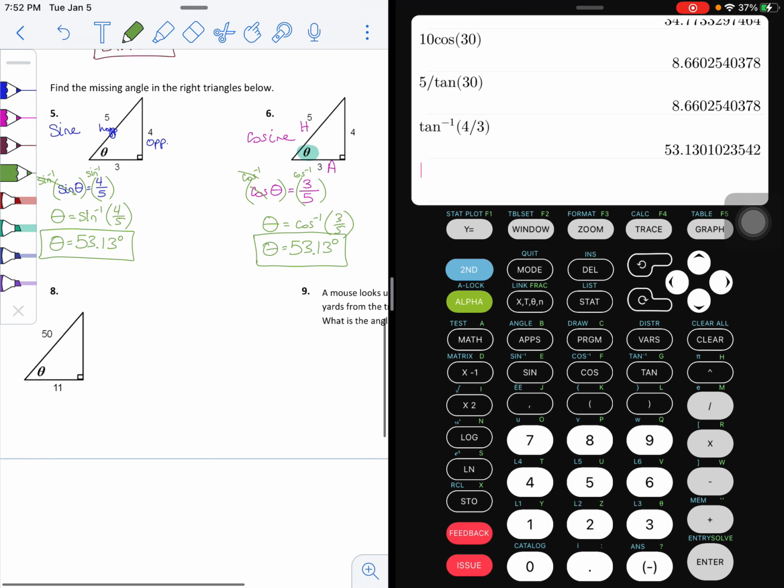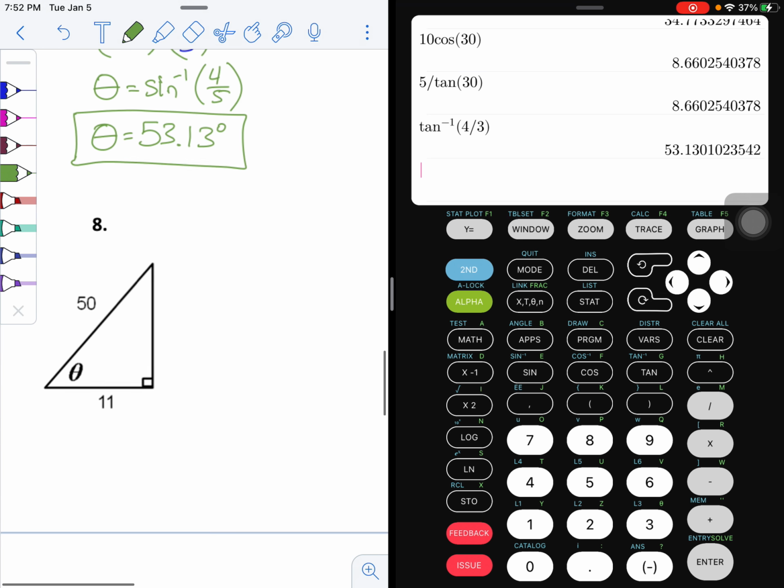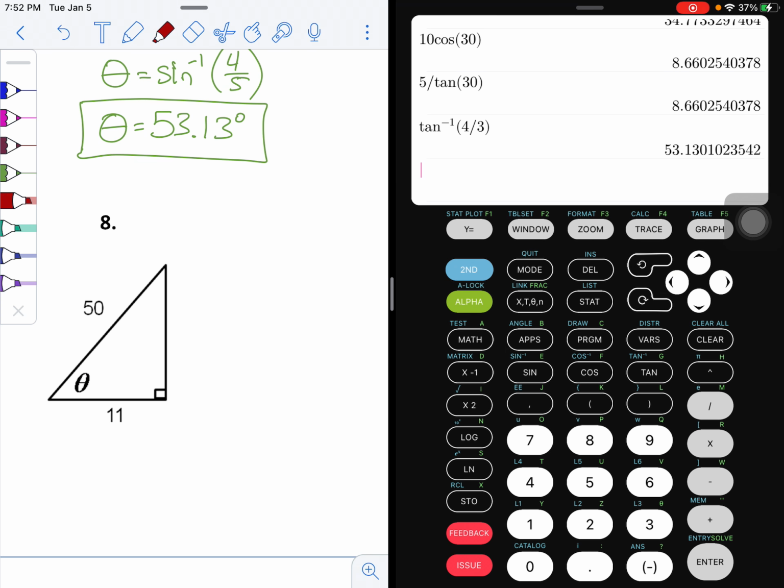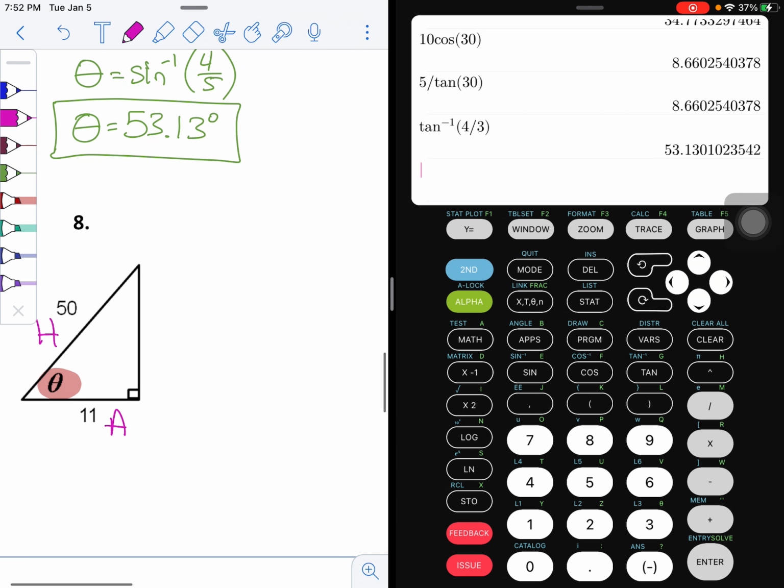All right, two more quick little problems here, and then I promise we will be done with this video. Problem number 8, just figure out what theta is. So here's theta. This is my hypotenuse, this is adjacent, so we have to use cosine here. So cosine of theta is equal to adjacent over the hypotenuse.